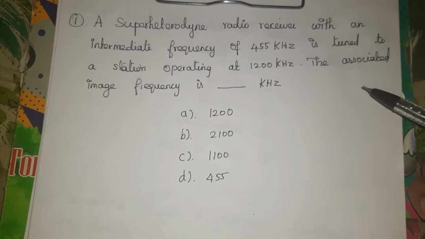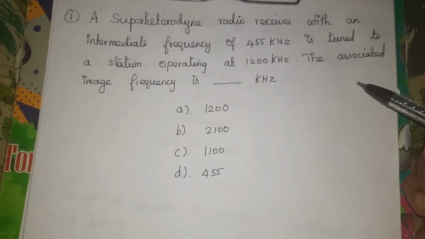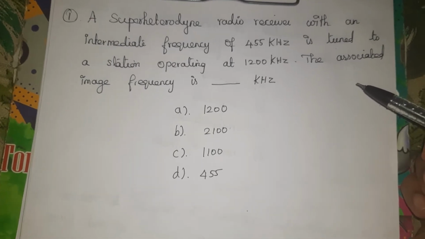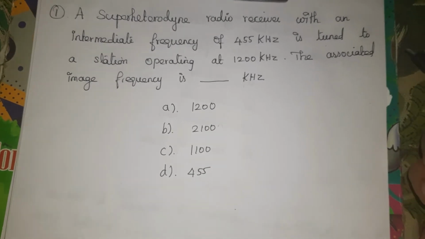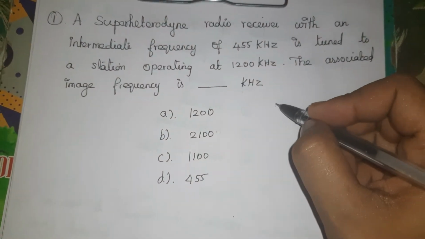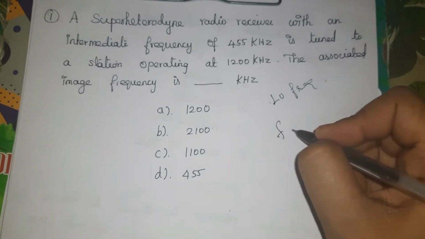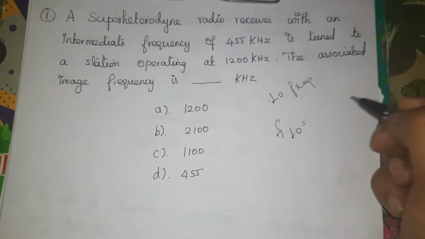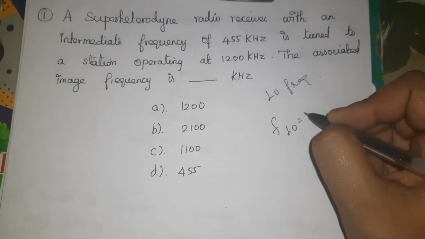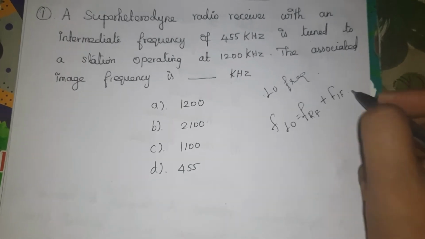First question: a superheterodyne radio receiver with an intermediate frequency of 455 kHz is tuned to a station operating at 1200 kHz. The associated image frequency is? So determine the LO frequency first, that is the local oscillator frequency. So LO is equal to radio tuning frequency plus intermediate frequency.